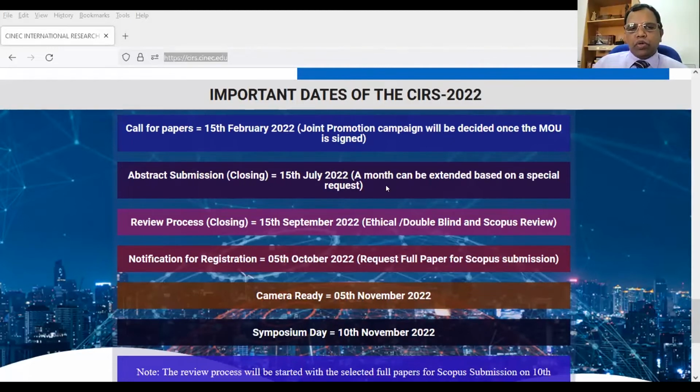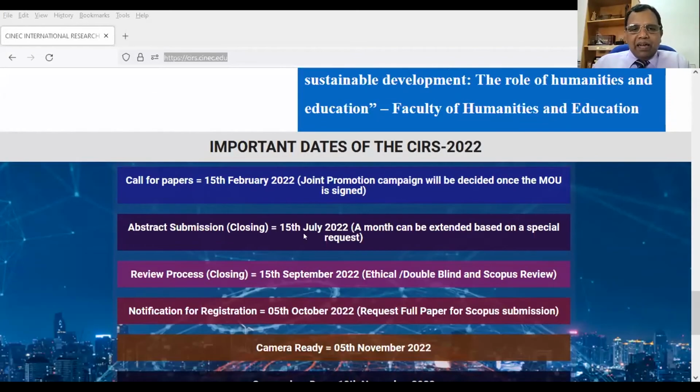We wish to extend it, since this is the first time we are asking for abstracts and then moving to full papers later for the Scopus submissions. You have to be within these timelines. This is the way forward that we are going to have. Until 15th July, we are going to help you with at least 2 more workshops focused on writing the real abstract after you select your topics.